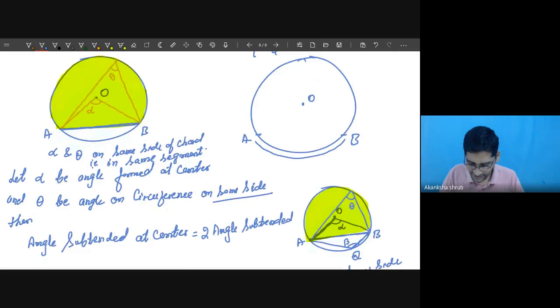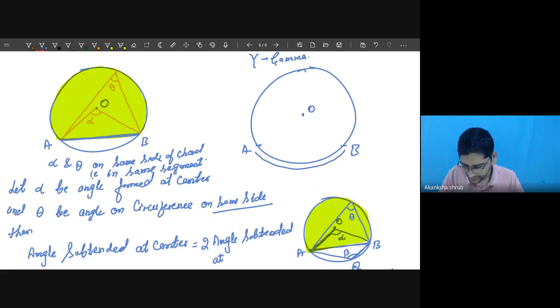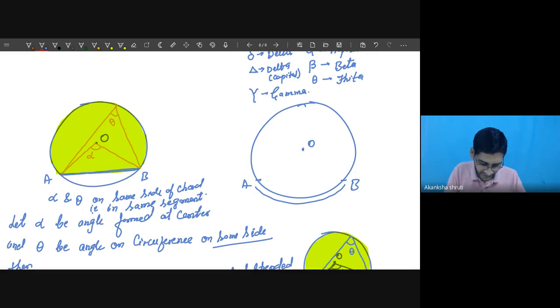So angle subtended at circumference, at boundary. Like here in this figure, I have denoted the chord AB, the angle at center is alpha at O, and angle at circumference at point P is theta.